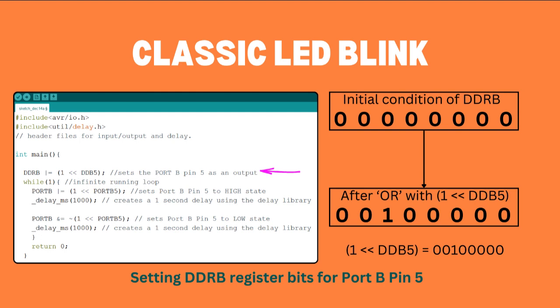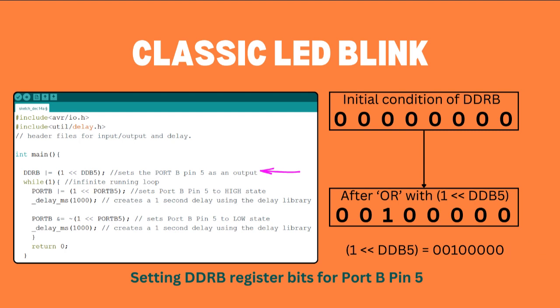On the right-hand side, the expression is basically 1 left shifted by DDB5. DDB5 represents the 5th position of the DDRB register. So the output of 1 left shifted by DDB5 will be a binary 1 on the 5th position with the rest of them zeros.